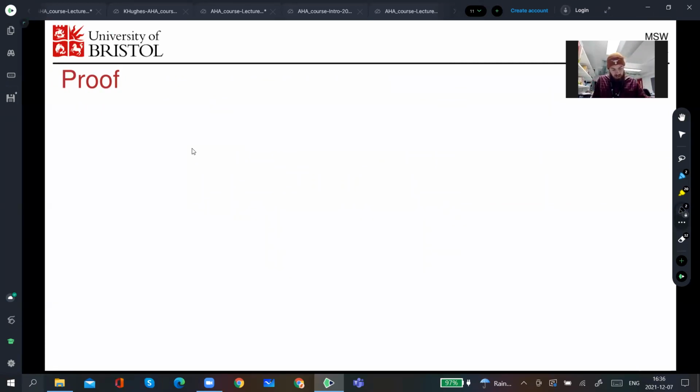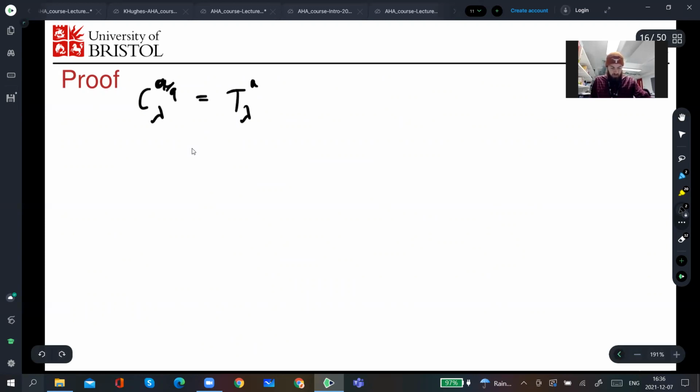I can write each C of AQ as actually the composition of two operators. It's going to be T of lambda A over Q, composed with S of lambda A over Q. Let me tell you how these are defined.